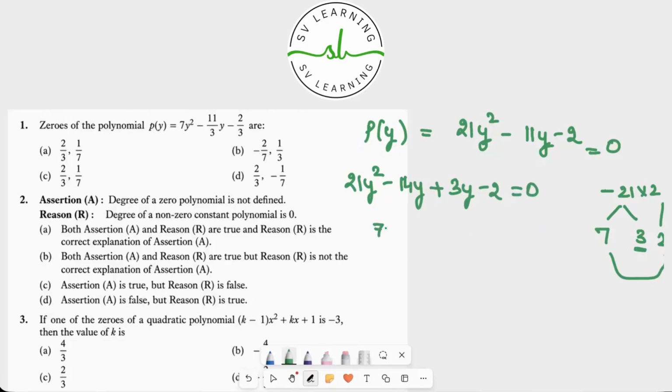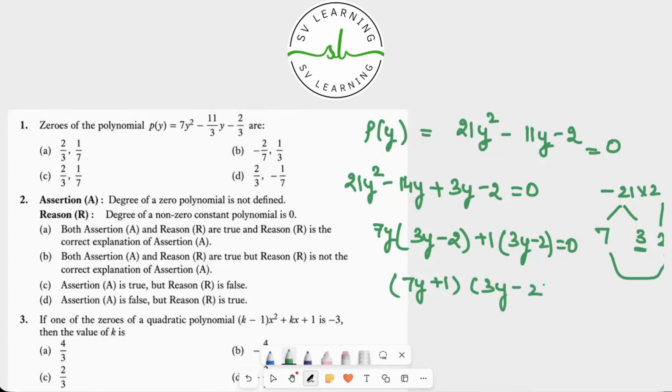Taking 7y as common, 3y minus 2 plus 1 into 3y minus 2 is equal to 0. So this becomes 7y plus 1 into 3y minus 2 is equal to 0. So y is equal to minus 1 by 7, y is equal to 2 by 3. So this will be your option D.